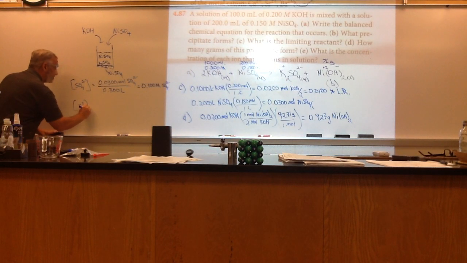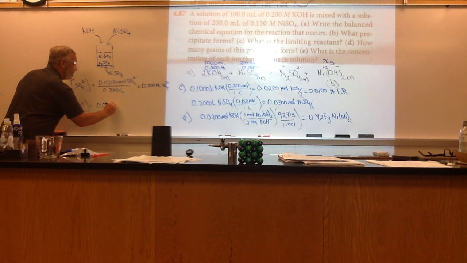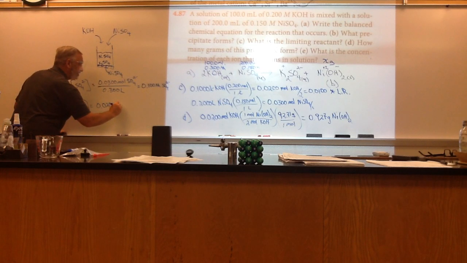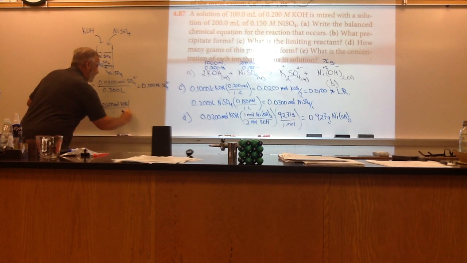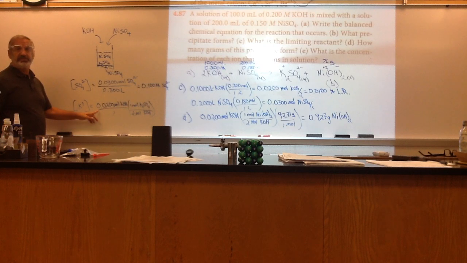So the K+ concentration is going to equal 0.020 moles of KOH, times 1 mole of K2SO4 for every 2 moles KOH. Again, if you just wanted to start at the 0.01, that's fine. I'm just showing how we got there.